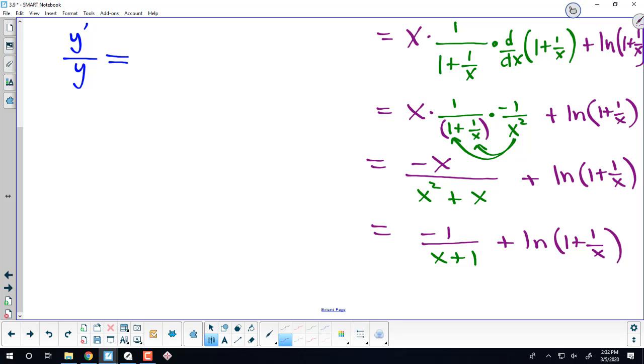So that was kind of a pain. You would have been dealing with a very, very similar derivative, though, had you rewritten it as e to the x ln of 1 plus 1 over x. You still have to take that derivative.